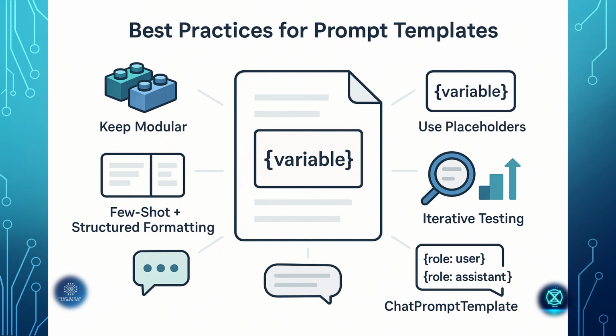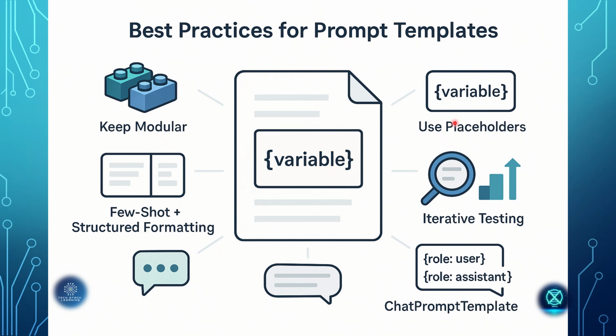So finally, we need to understand the best practices we have to follow for prompt templates, right? Keep it modular, so break into reusable templates. Even though you use the prompt template, there are certain best practices you need to consider. Use placeholders like variables instead of string concatenation.